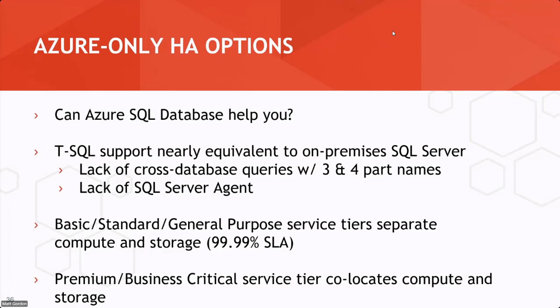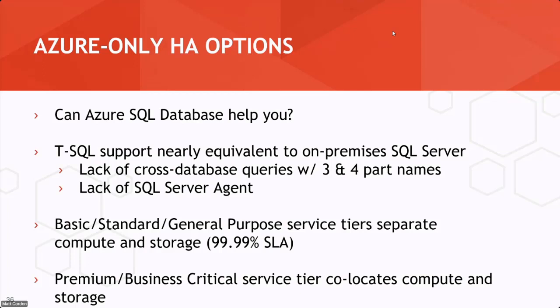Here's the cool stuff. Even on the basic tier, and Azure SQL Database doesn't break down as simply as I'm trying to do it here, but I would regard basic, standard, and GP service tiers as your first 3, arguably entry level-ish. They separate compute and storage and give you 4 nines.